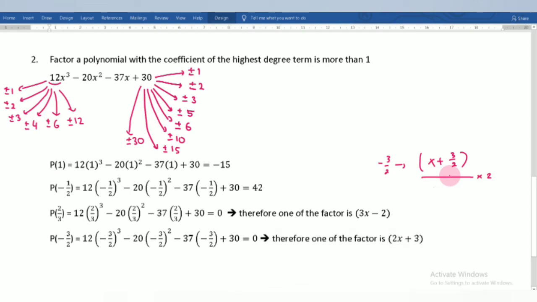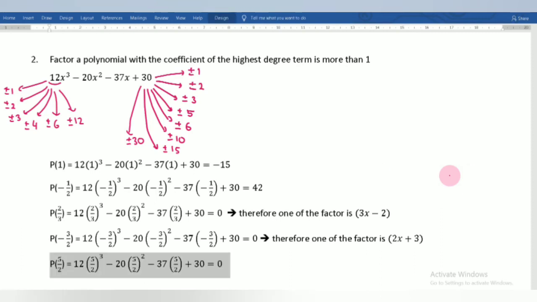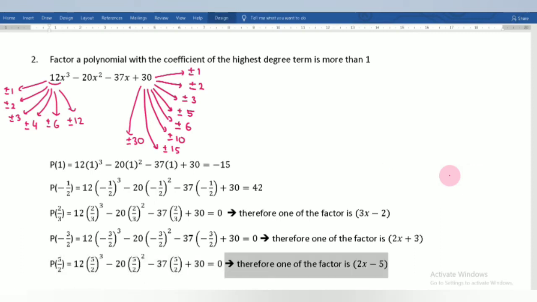Just the same, because this is cubic, of course the maximum number of factors will be 3. It can be 3, it can be less than 3, but for this one it is 3, and this is the last one: 5/2, which can be derived from +5 divided by +2, or -5 divided by -2.